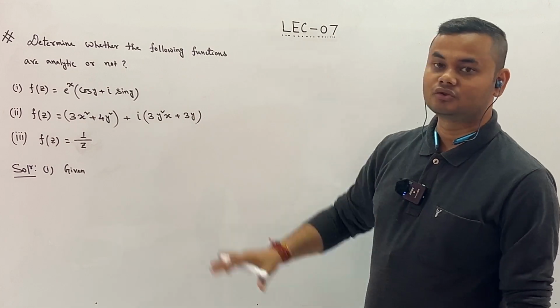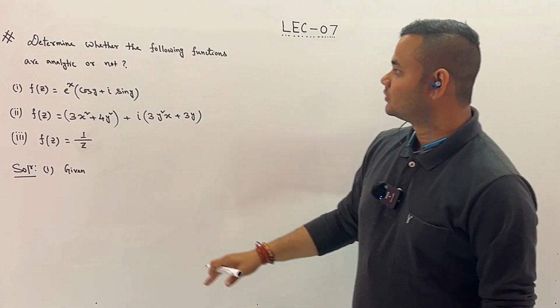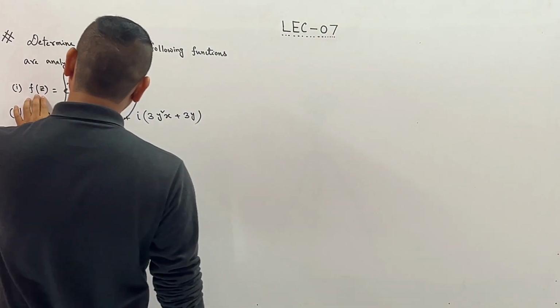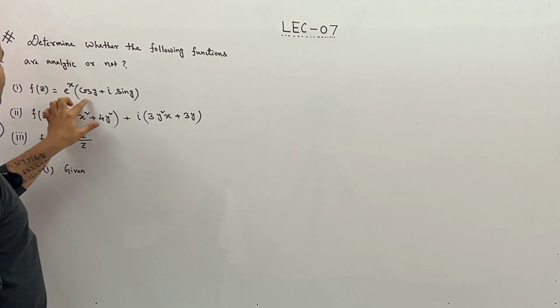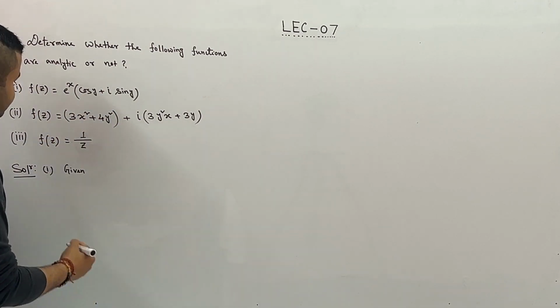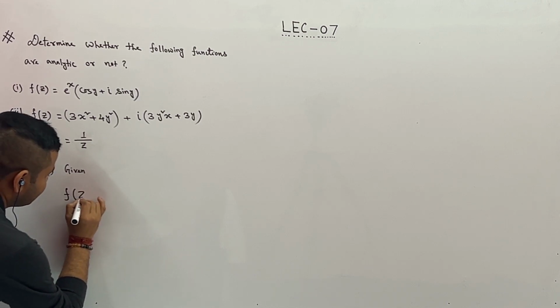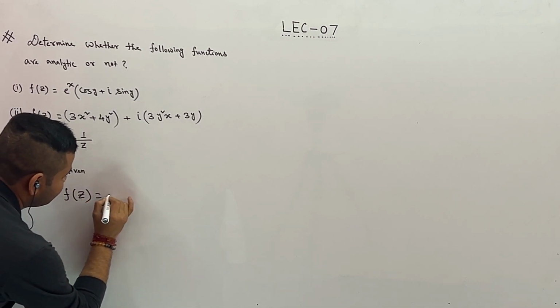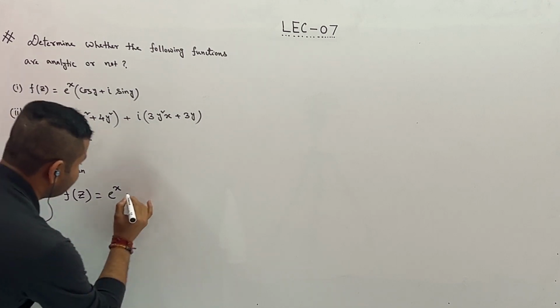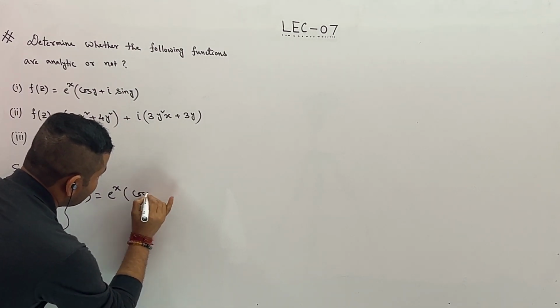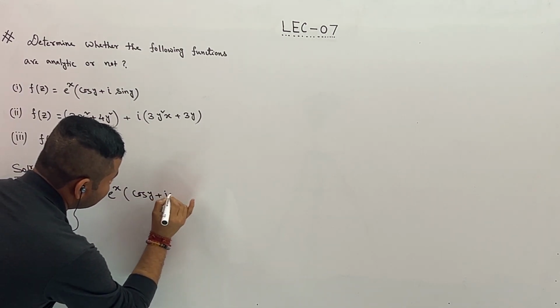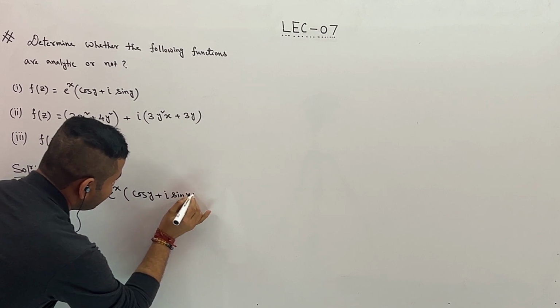Now let us solve these problems. According to the first problem, f of z is equal to e to the power x into cos y plus iota sin y.